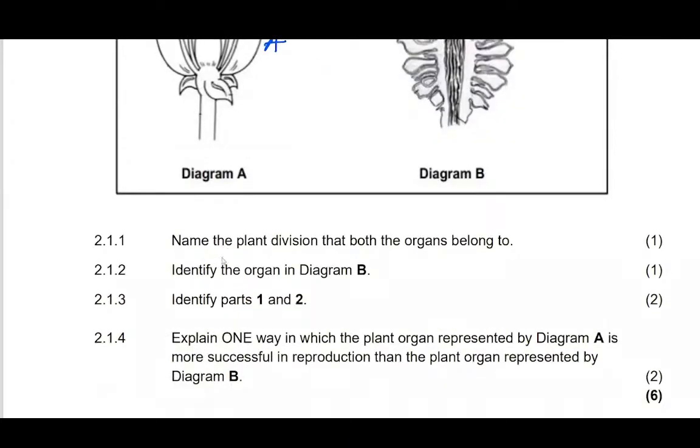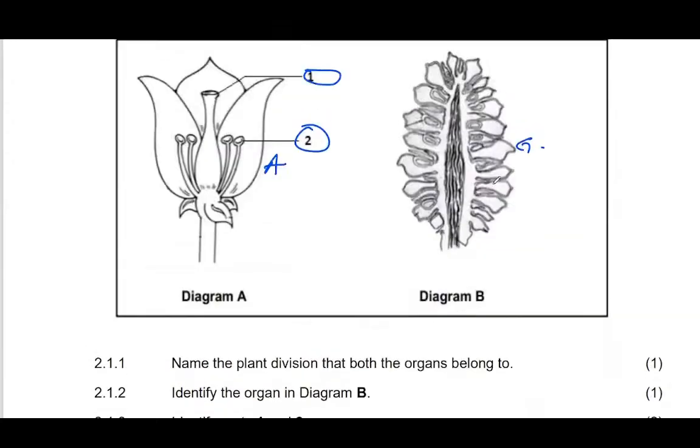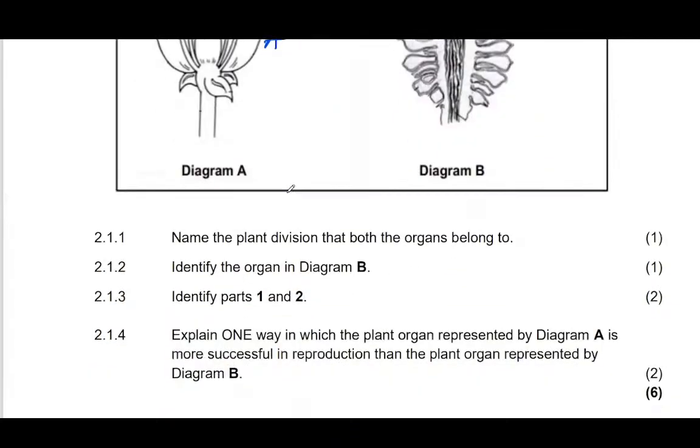Name the plant division both the organs belong to. Which plant division? Remember we said that this is a gymnosperm, and this is angiosperm. So they are sperm plants. The kind of plant group they belong to, I've been saying it, is called spermatophyta.